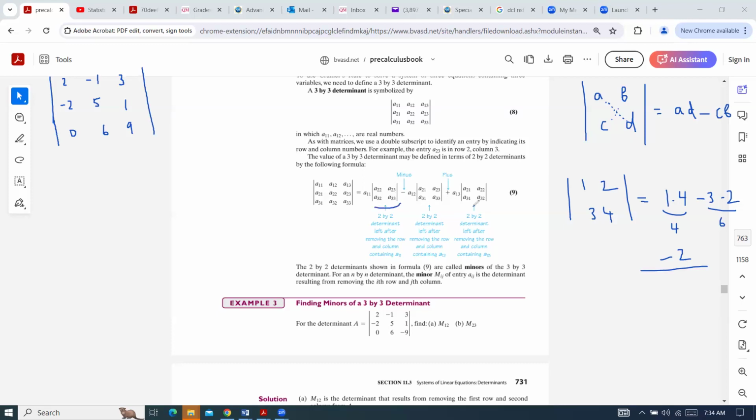So what they say is select any of the rows, or actually the columns. What they did is they selected the first row in this determinant. And when they break this into 3 pieces, notice there are 3 pieces here. The first entry, and then the second entry, and then the third entry, all will be multiplied by those little 2 by 2 determinants that you can calculate the way we just did here.